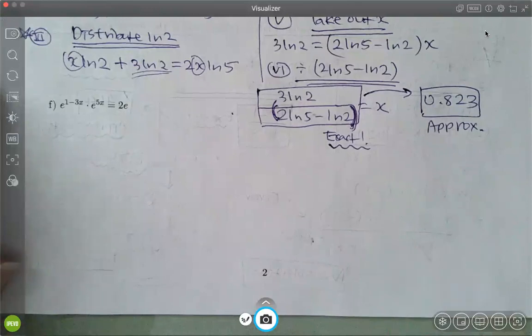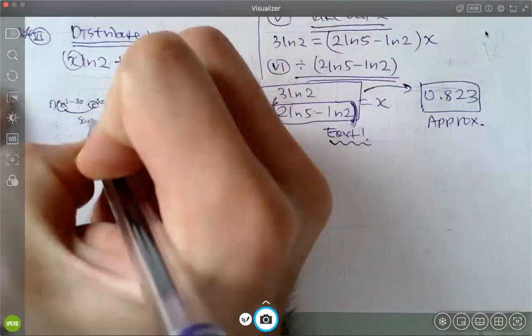Not quite. Can you possibly rewrite the left-hand side into one exponential form? Yes, because what do you notice here? The two bases are the same.